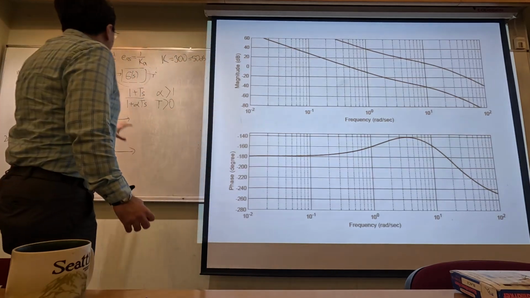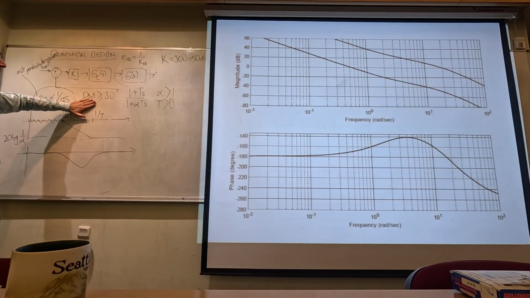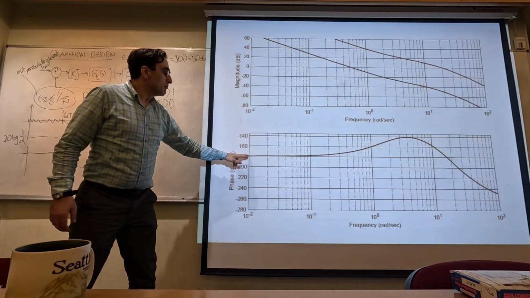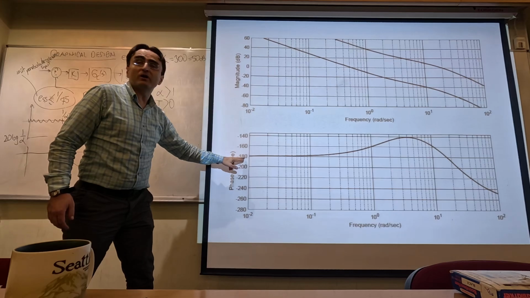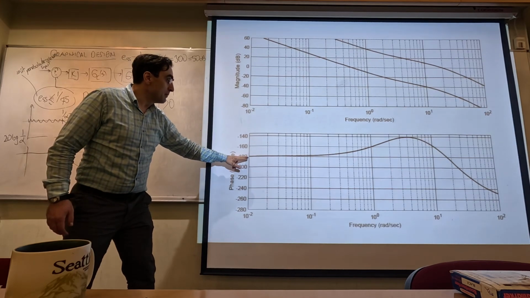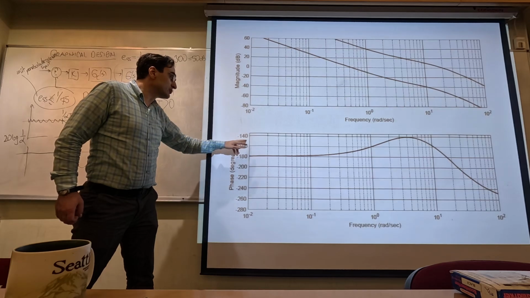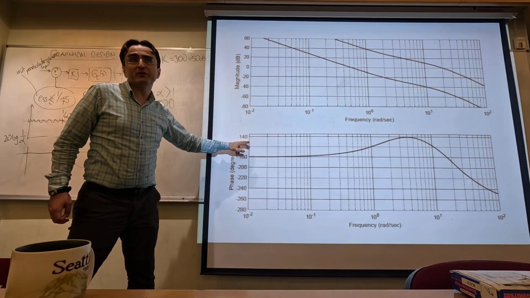So here I'm trying to adjust the phase margin of the system at 30 degrees. Okay, so that my phase should be minus 180 degrees plus 30 degrees. Okay, so the phase should cross minus 150 degrees at the new gain crossover frequency.